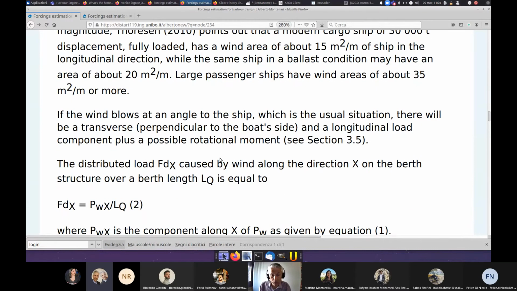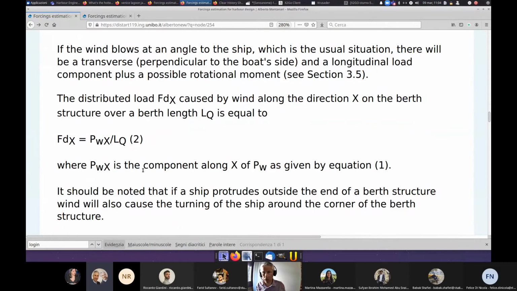Now, we already said that if the wind blows at an angle to the ship, which is the usual situation, there will be two components: the transverse and the longitudinal load, plus a possible rotational moment. And to estimate the distributed load caused by wind along the direction along the berth, it is very simple.